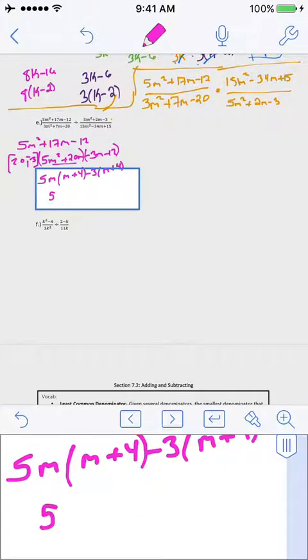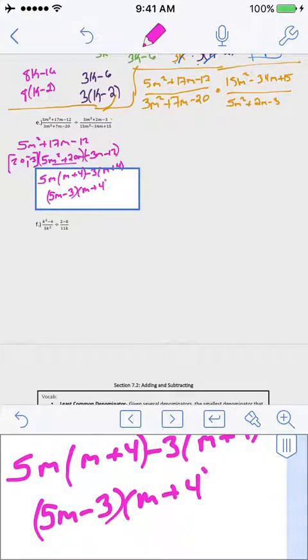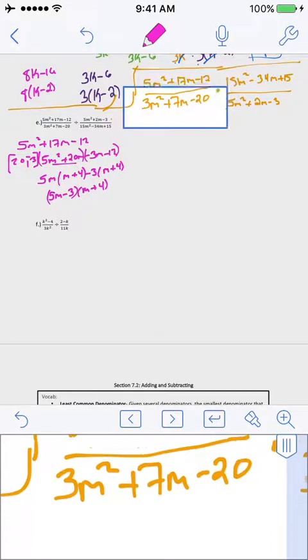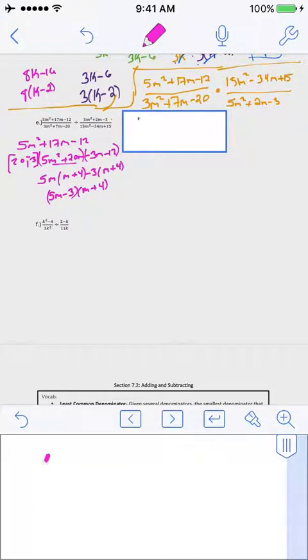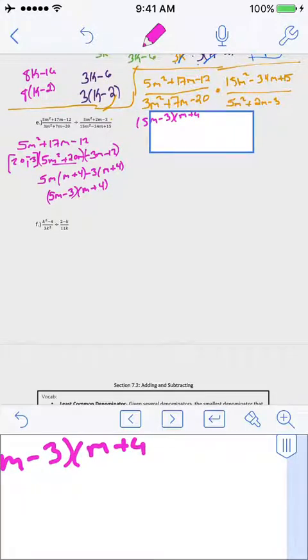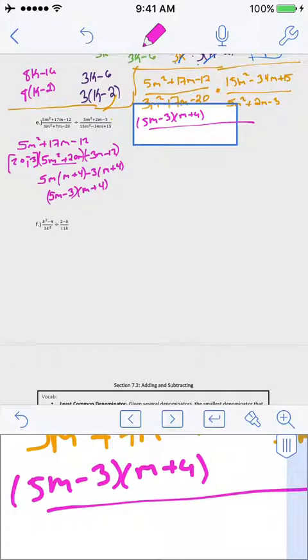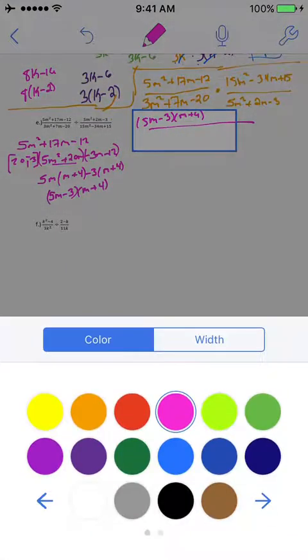And lastly, I have 5m minus 3 times m plus 4. Okay, so my first numerator now reduces to 5m minus 3 and m plus 4. That'll be the first part of my big, huge fraction that I will deal with at the end.